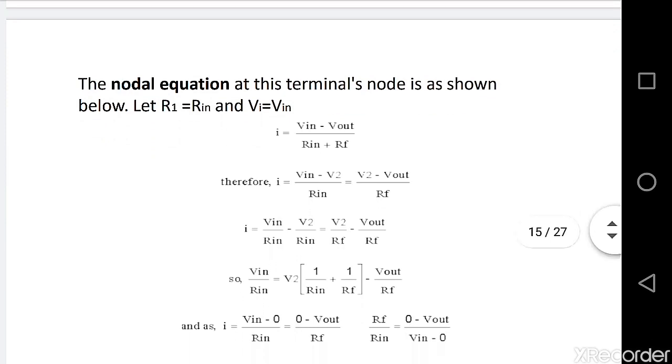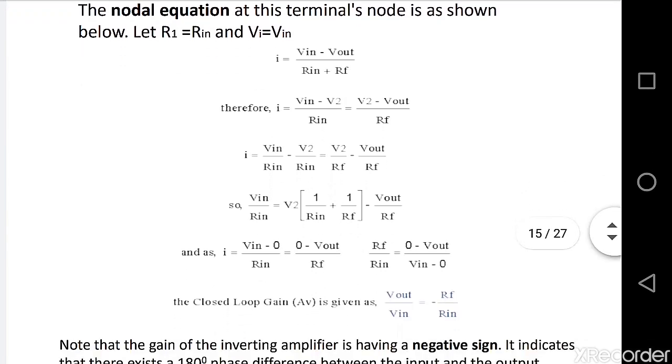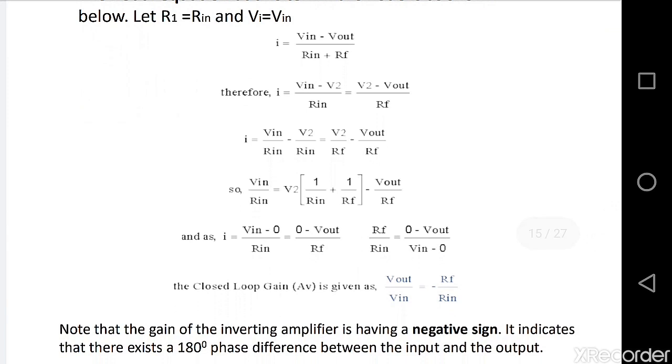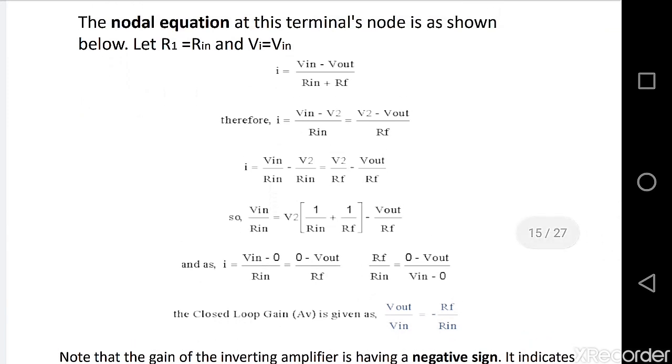According to Ohm's law, V equals IR. Here, I equals (Vin minus Vout) by (Rin and RF). Here the voltages are the input voltage and output voltage, and the resistances are the input resistance and feedback resistance. Therefore, we have another input terminal voltage V2.